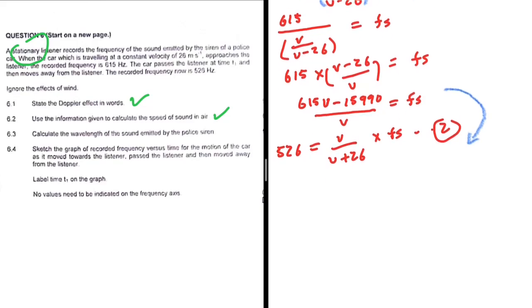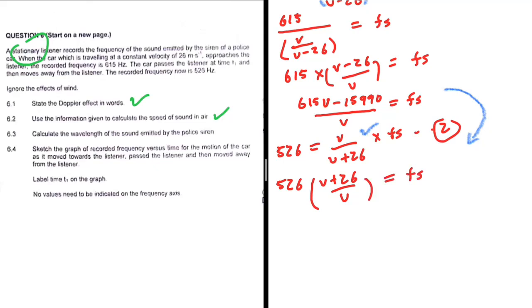Okay, if we do that, can we take this to the left hand side first? Okay, let's take that to the left hand side first. If we do that, we're going to have 526 multiplied by (V plus 26) divided by V. We are applying what we applied on the first equation.